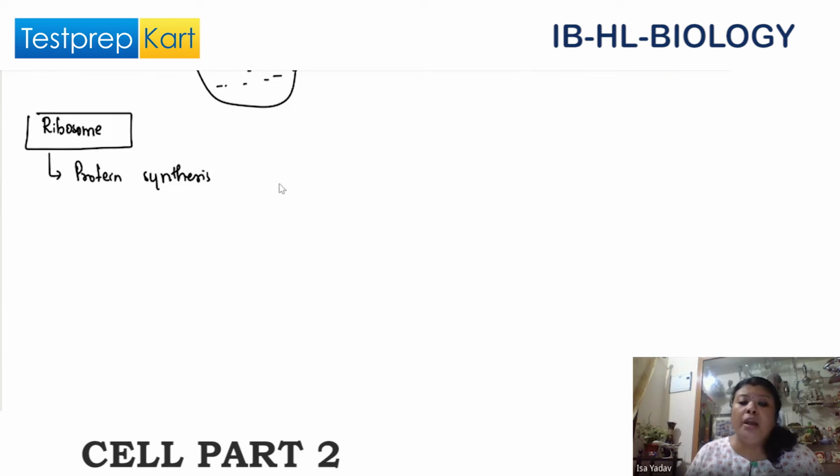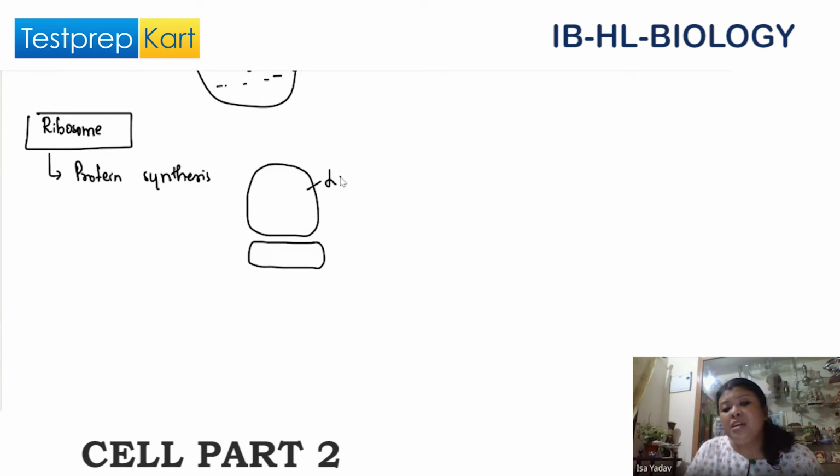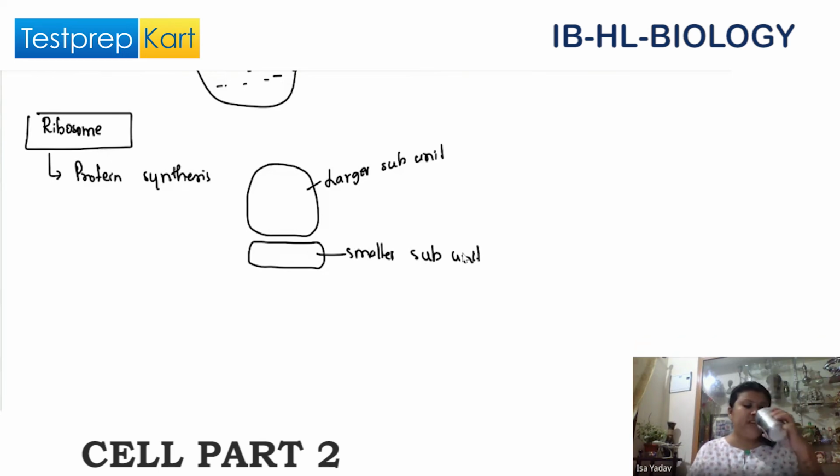So ribosome structure is like this. It has a larger subunit and a smaller subunit. This point is clear?